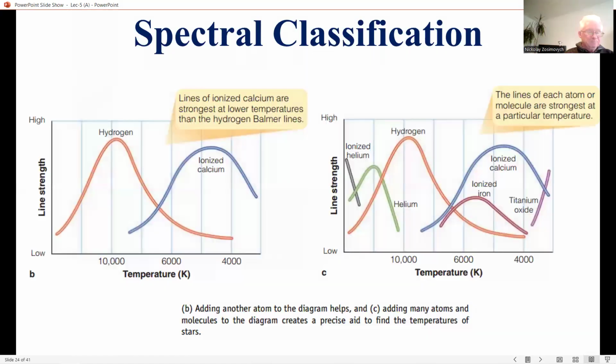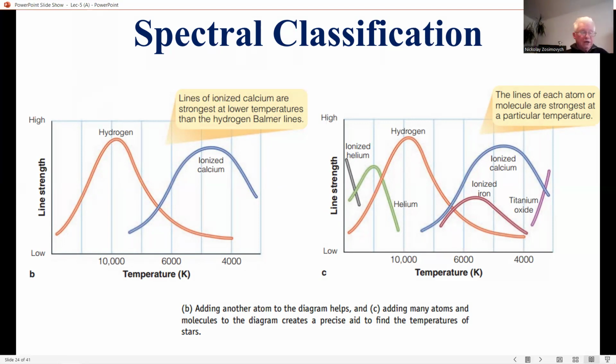You have seen that the strength of spectral lines depends on the surface temperature of the star. From this, you can conclude that all stars of a given temperature should have similar spectra, right? Is it logical?